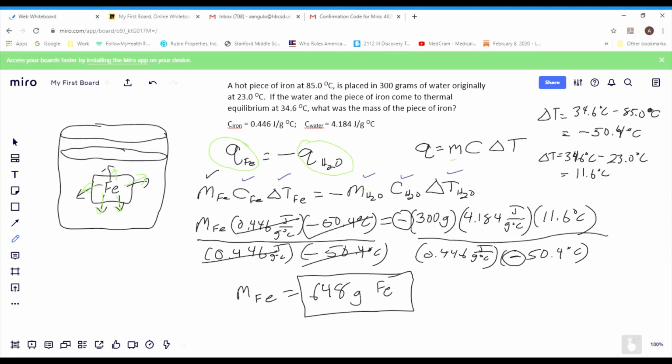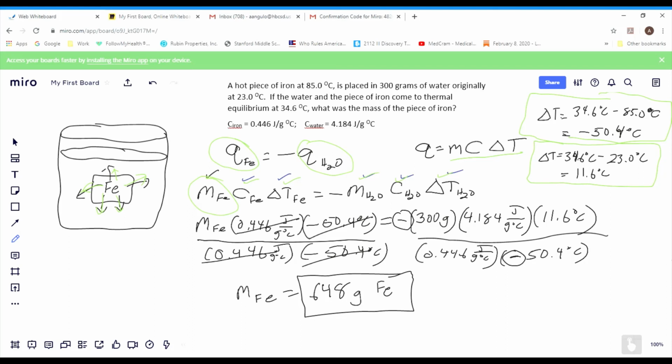We substituted MC delta T for the Q's of water and of iron. And when we did that, we found that we were looking for this. We were given this and this in the problem. The delta T's were things we could calculate because we're just looking at differences in temperature. So here's the delta T for the iron, here's the delta T for the water, everything else we're given.